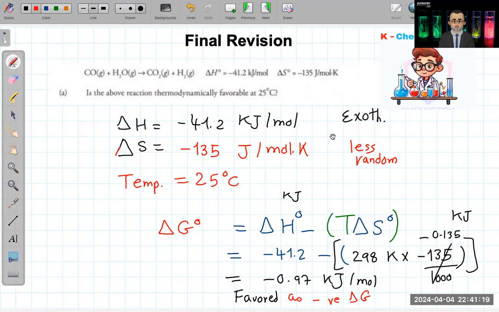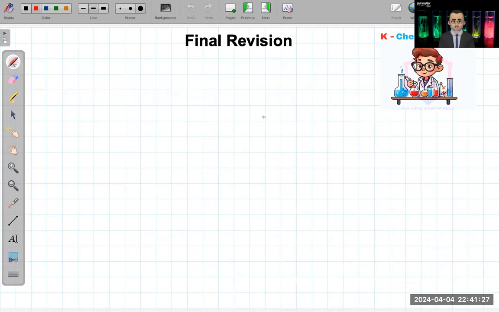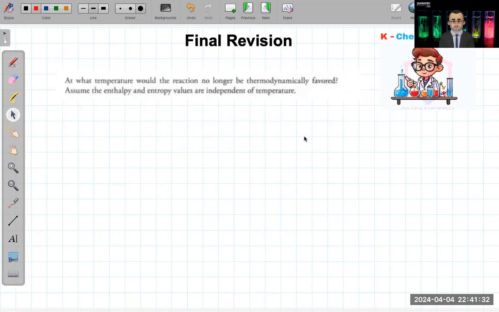The second question is asking me, at what temperature would the reaction be no longer thermodynamically favored? You told me that at 25 it will happen, but I'm a little bit greedy. I want to know.